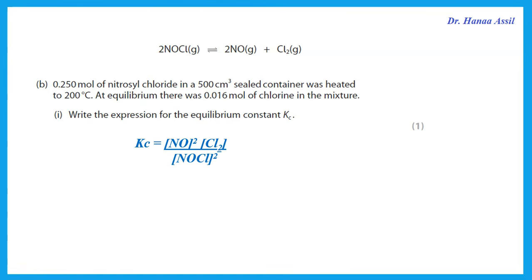And remember that concentrations are indicated by square brackets. Kc would be the concentration of the products raised to the power of their coefficients divided by the concentration of reactants raised to the power of their coefficients.